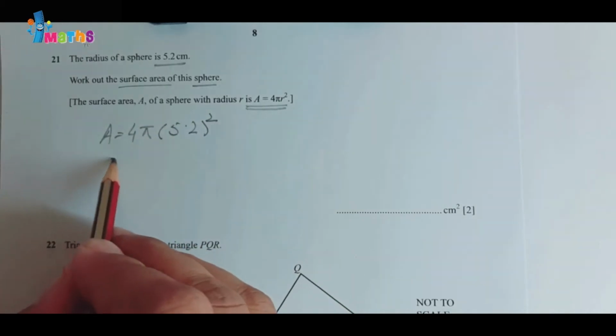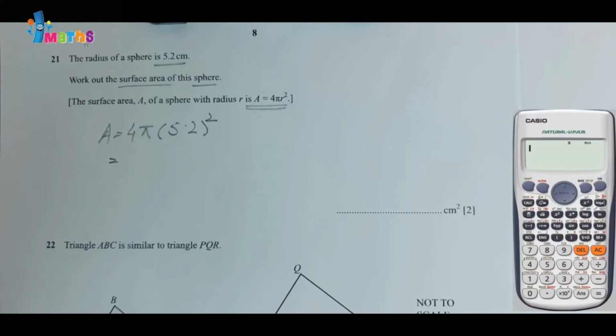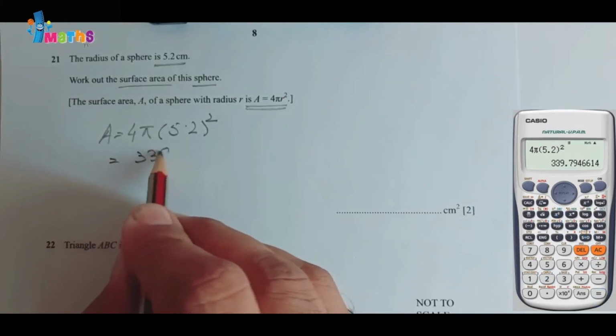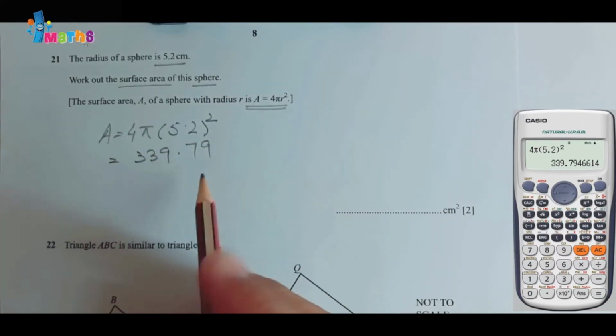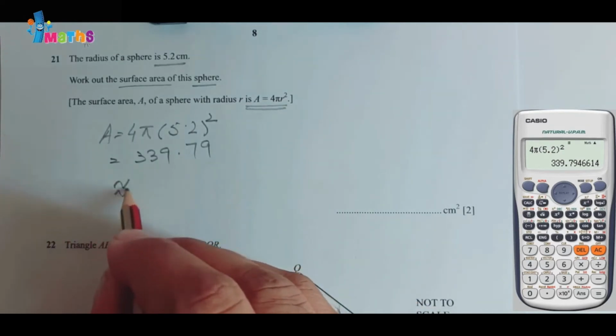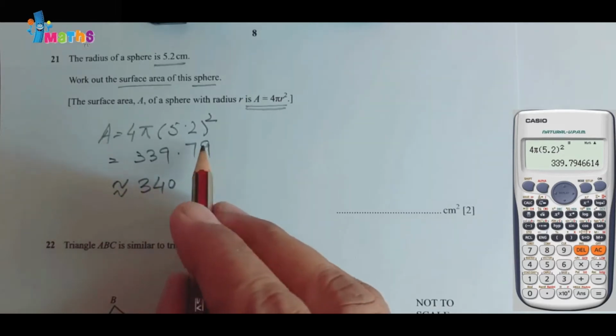We will use the calculator and replace these values: 4 pi into 5.2 square will be equal to 339.79, which is approximately equal to 340.